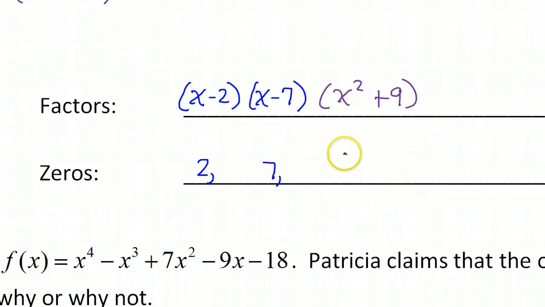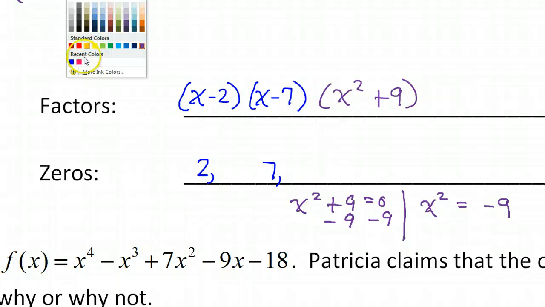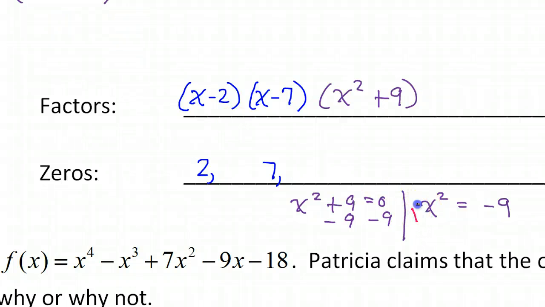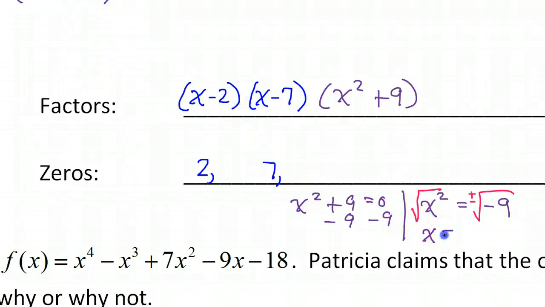If we set that equal to 0 and solve, we have x squared plus 9 equals 0. Subtract 9 from both sides. That gives us x squared equals -9. We take the square root of both sides. Don't forget that the solution will be plus or minus. So x equals plus or minus.